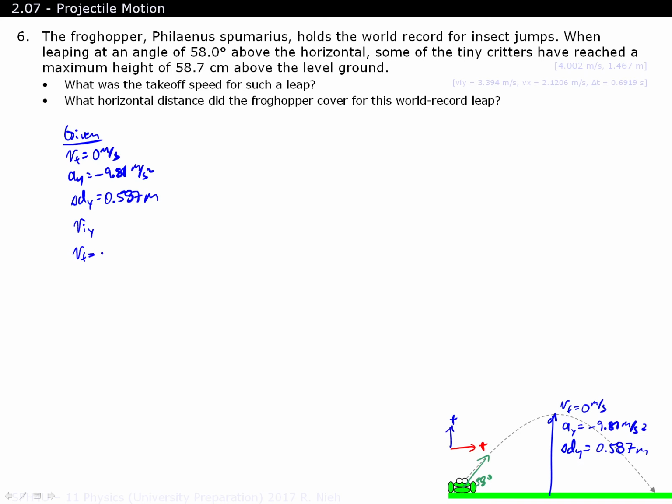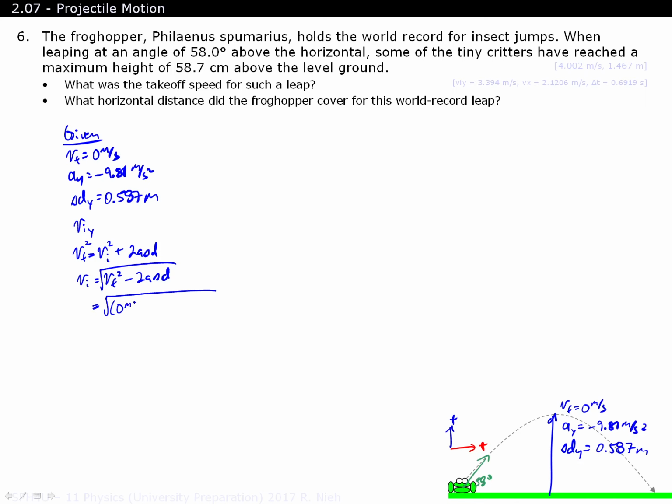So knowing that Vf squared is equal to Vi squared plus 2a delta d, when we isolate for Vi, Vi is equal to Vf squared minus 2a delta d, all square rooted. And it is true, Vi could be a positive or negative term, but since we know the frog is leaping upwards, we're taking the positive term while it's going up, not when it's landing.